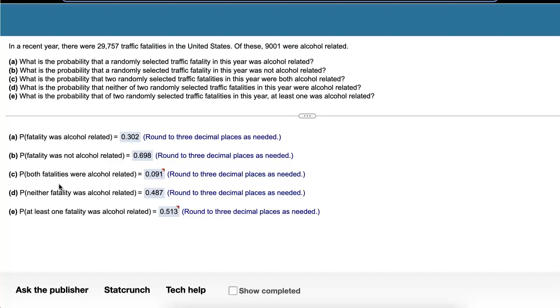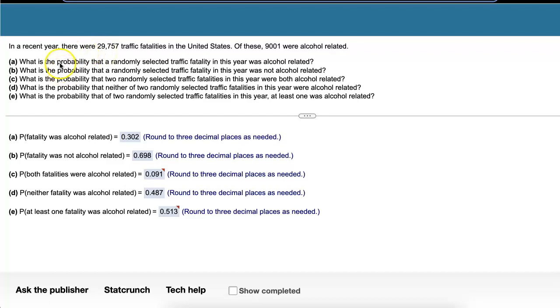So in this example, we're told that there are a certain number of traffic fatalities in the United States, and of those, this number, 9,001, were alcohol related. So what we're seeing here, the 9,001, is the event that most of these probabilities focus on, out of a total number of traffic fatalities over here.